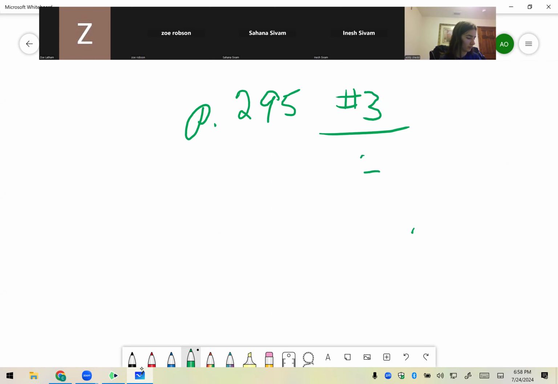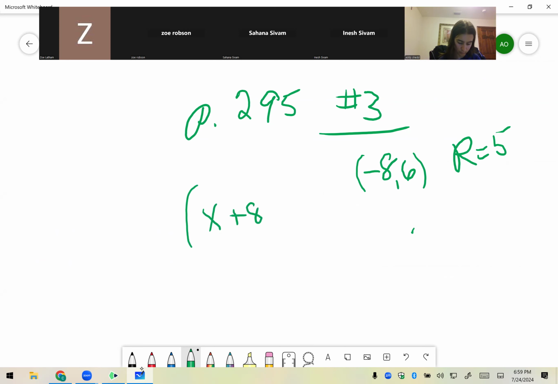The center's at minus 8, 6, and the radius is 5. So this would be pretty easy, obviously. This would be (x plus 8) squared plus (y minus 6) squared equals 25, which looks a lot like B.